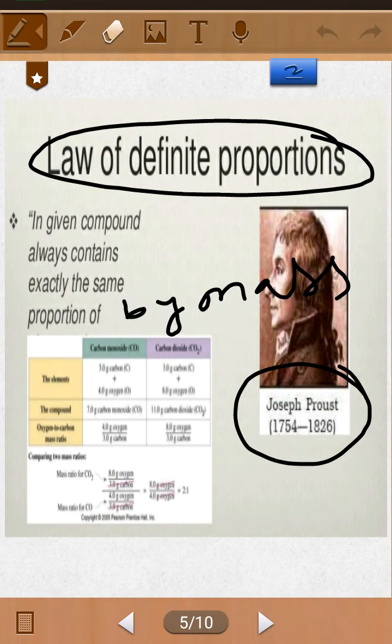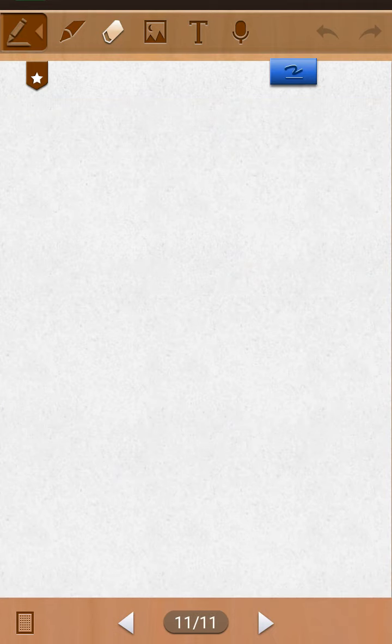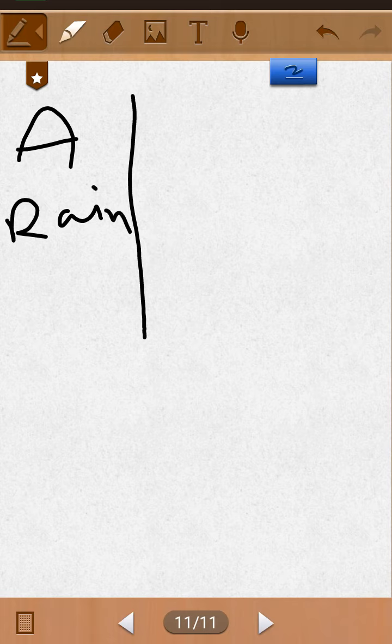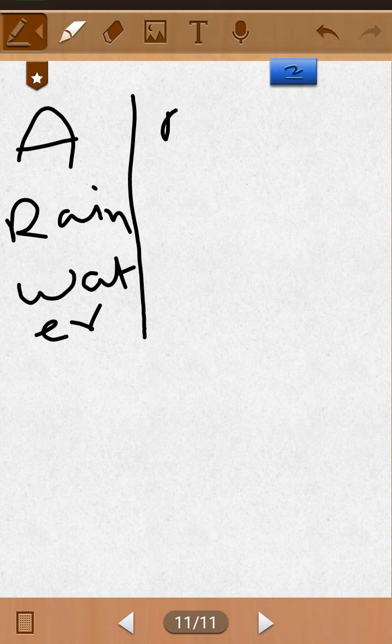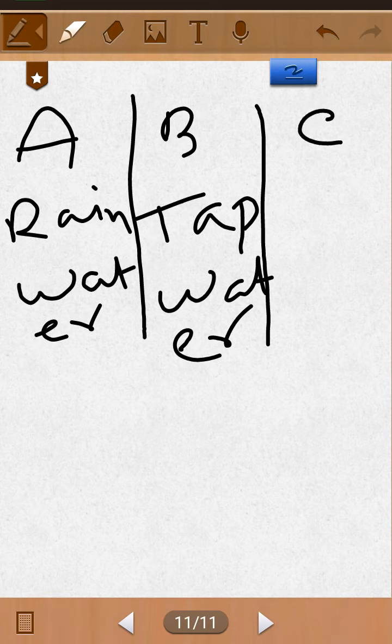For example, I will take a plain sheet. Person A takes rain water, person B takes tap water, and person C takes sea water.